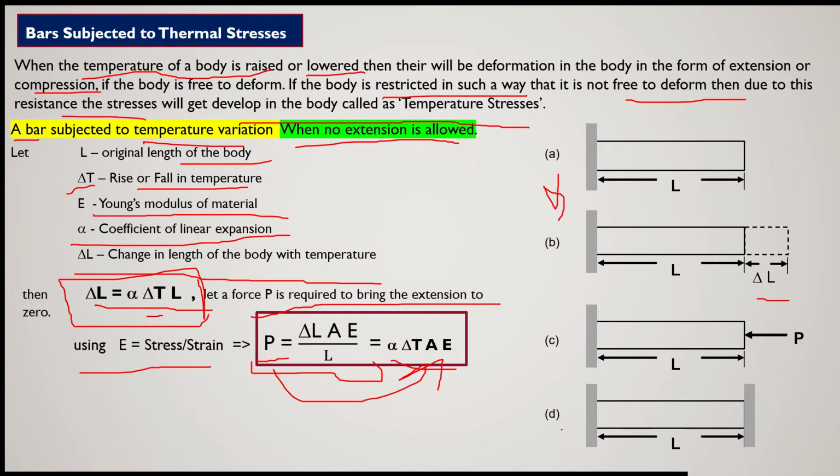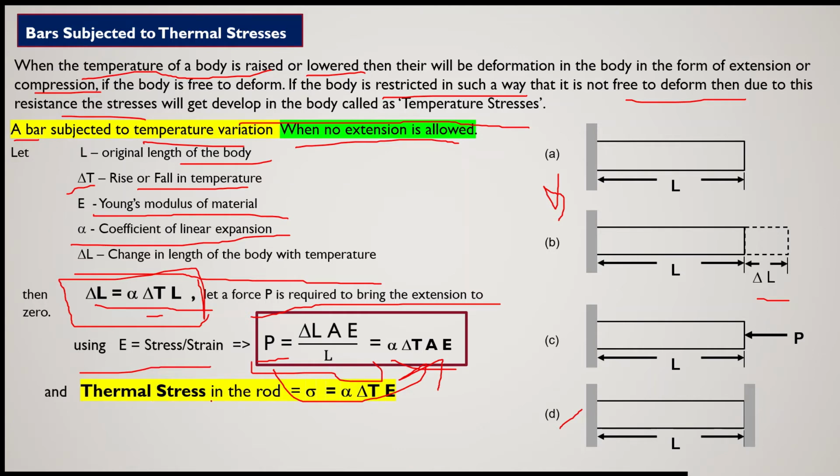Now in figure D you can understand, here the support is a fixed support, and here the support is a fixed support. That means this member is restricted from any increase in length with a rise in temperature. So ultimately some stresses will be developed, and those stresses are called temperature stresses or thermal stresses.